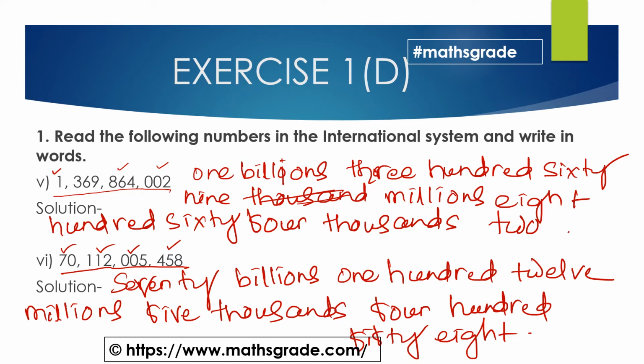This is the International System of Numeration in word form, that is 70 billion 112 million 5,458.